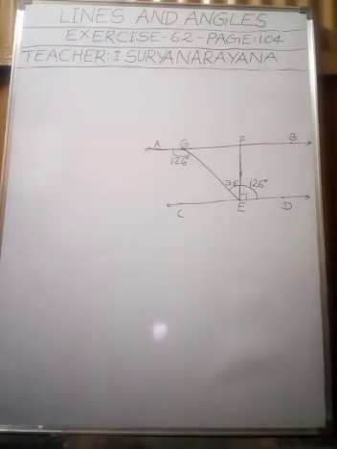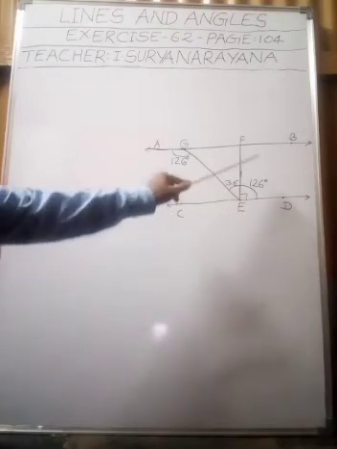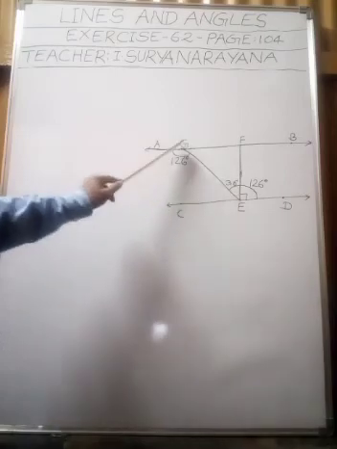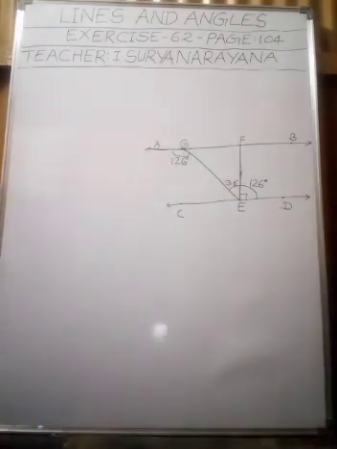Now we have to find angle FGE, that is the third part. Angle FGE. If you observe here, the ray GE is standing on the line AF. Isn't it or not, my dear children?